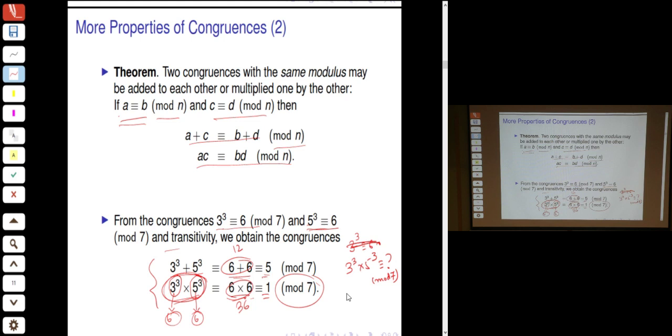What we do is first notice that 3 cubed is 6 mod 7 and 5 cubed is also 6 mod 7. So, we start with 3 cubed times 5 cubed, and you can replace the 3 cubed by 6 and 5 cubed also by 6 because of these congruences mod 7, but this is 36 mod 7, which is 1 mod 7.